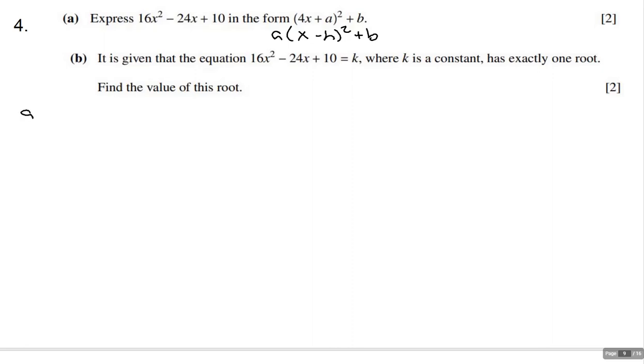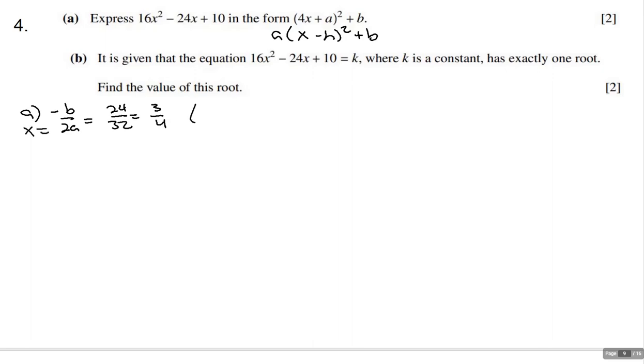Let's go here, and I'm going to find the vertex x. So the vertex x is negative b over 2a, which is going to be 24 over 32, which is going to be 3/4. Now, that's going to be the x part of the vertex.